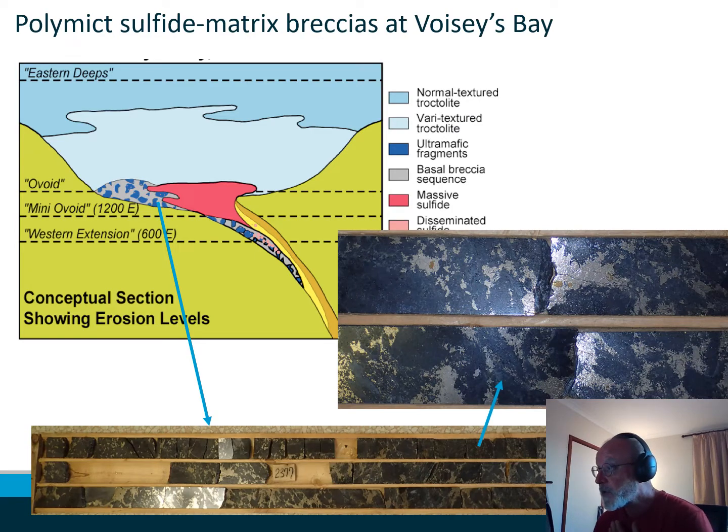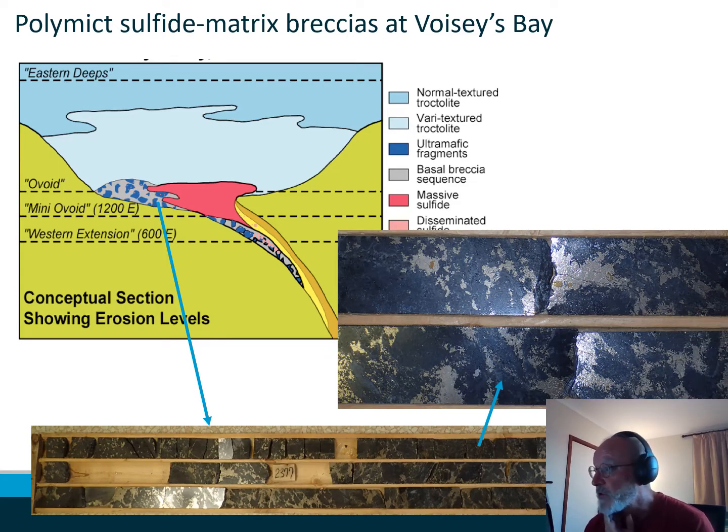The example I'm going to give, of some of the best and most important examples of sulfide matrix ore breccias, is from the Voisey's Bay deposit, in northeastern Canada, in Labrador. It's a Proterozoic age deposit which formed in a network of sills and dikes, probably connecting a whole series of intrusions and feeding magmatism higher up in the crust.